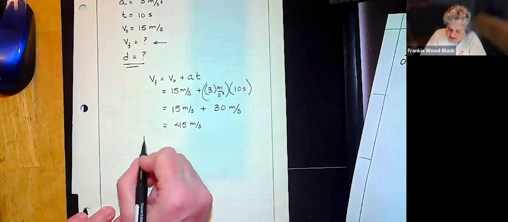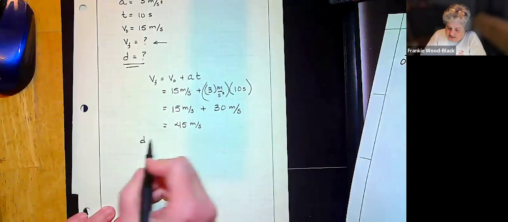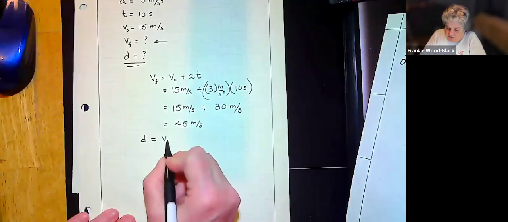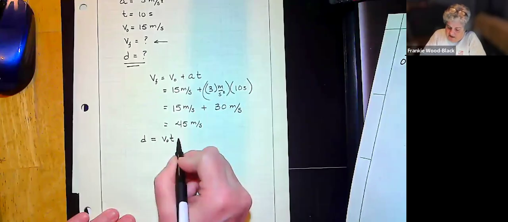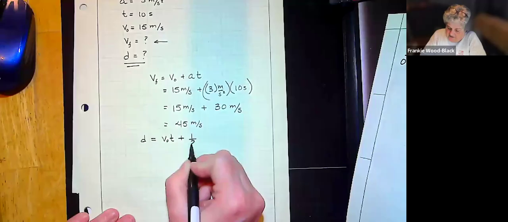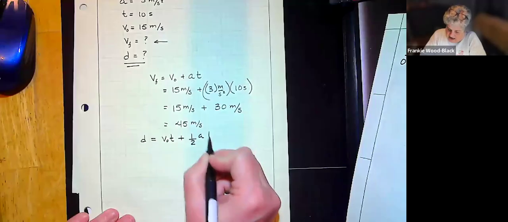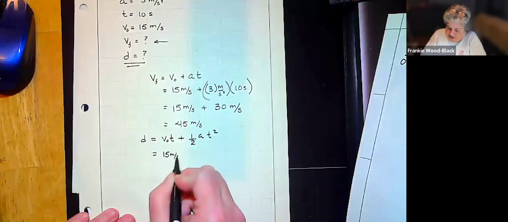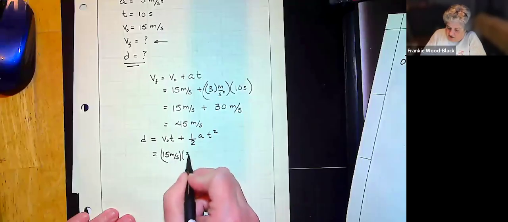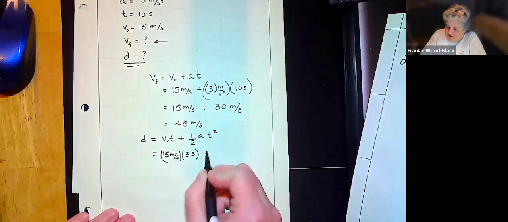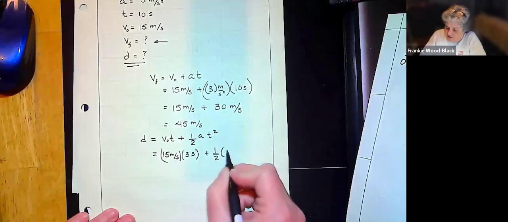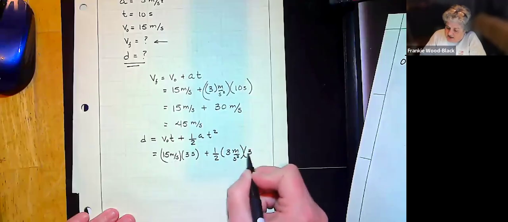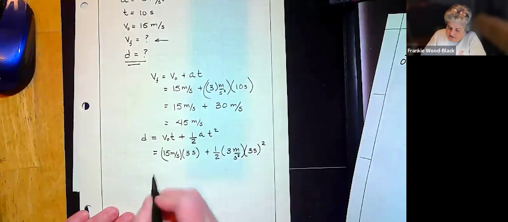But now we need to know the distance. Well, the distance is my initial velocity times time plus 1/2 my acceleration times time squared. So this is 15 meters per second times my 3 seconds plus 1/2 my 3 meters per second squared times my 3 seconds squared.